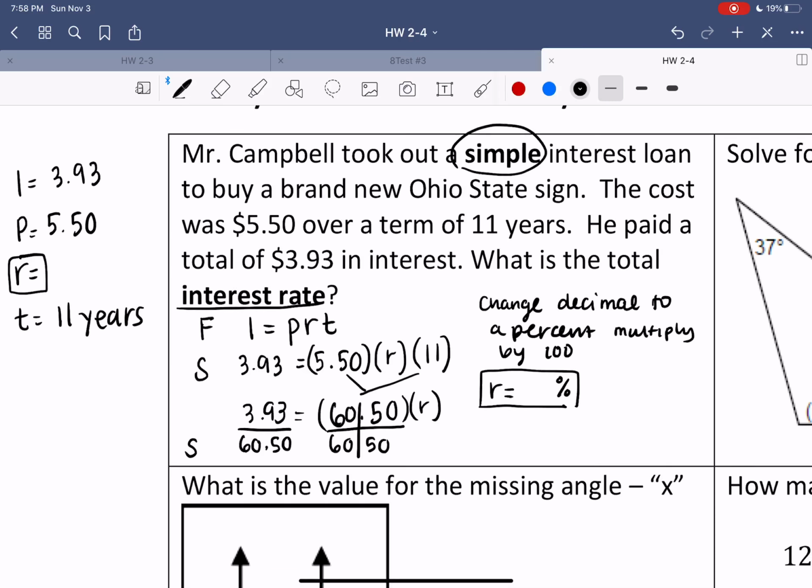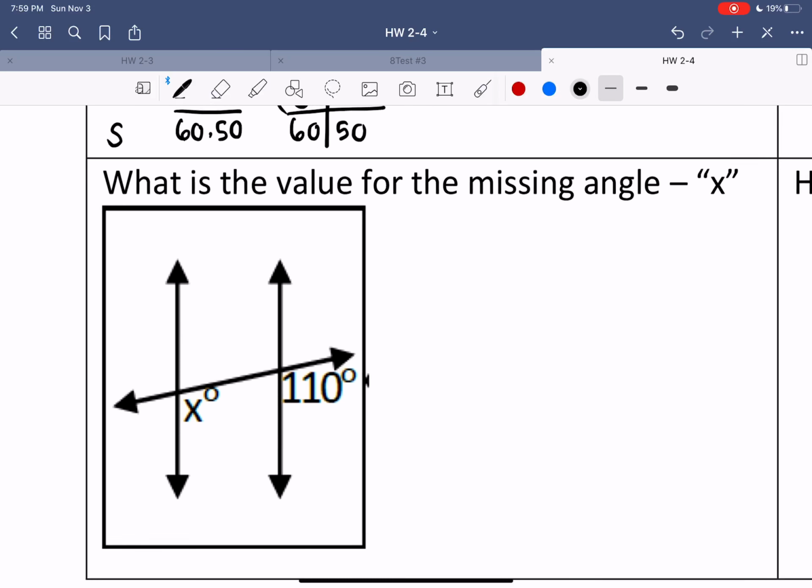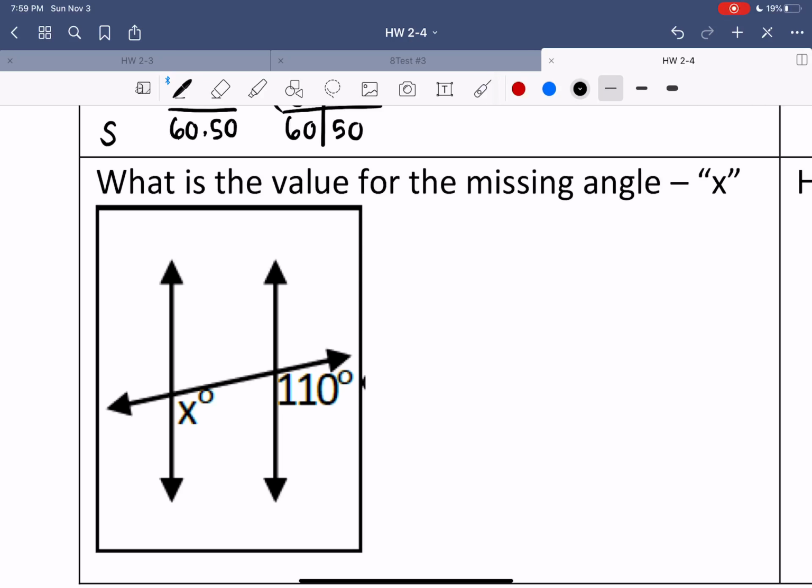All right. So here we have, what is the value for missing angle X? So here we have what we're looking for, and the one they're giving us is right here. So when two parallel lines are cut by a transversal, if I said these are Q and R, Q and R are parallel, and this here is our transversal.